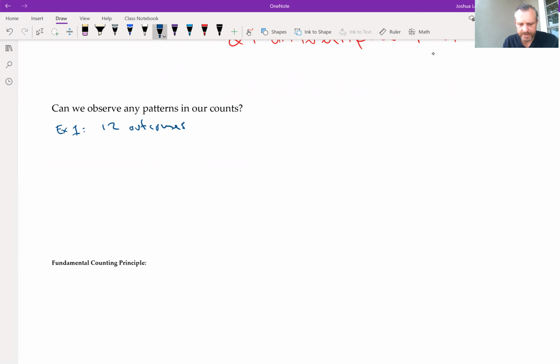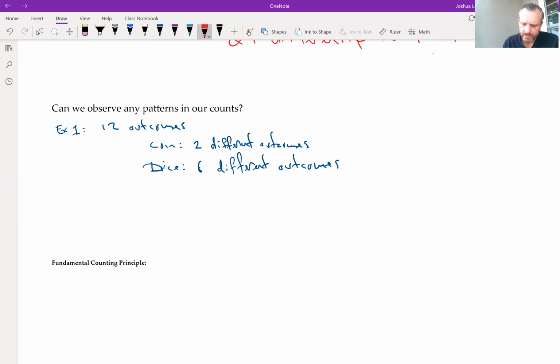Well, we're looking at the dice and the coin, right? How many different outcomes for the coin? Well, heads or tails. Two different outcomes. And what about the dice? How many different outcomes for the dice? 1, 2, 3, 4, 5, or 6? 6 different outcomes.